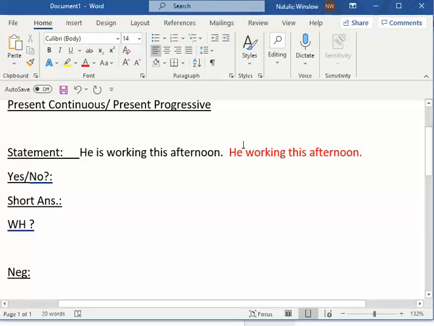So they forgot the be verb, because with the present progressive, you have to use I am, you are, he is, she is, it is, we are, they are. So if you have ing, you must have the be verb here. And so this is a mistake, right? That's wrong.